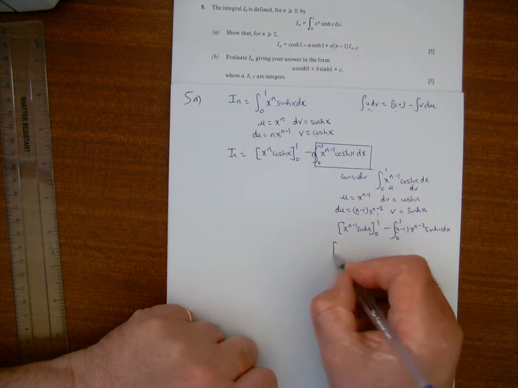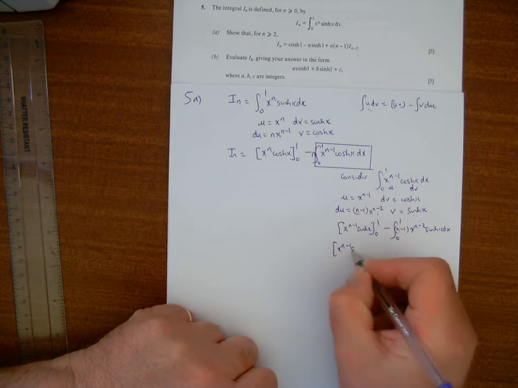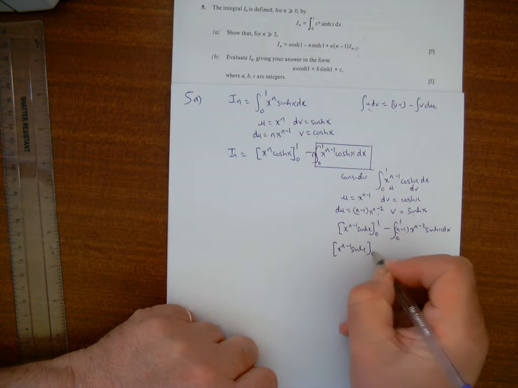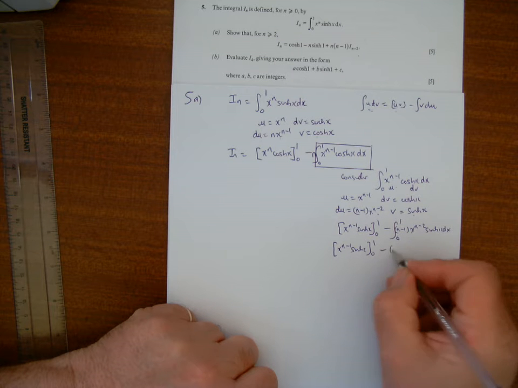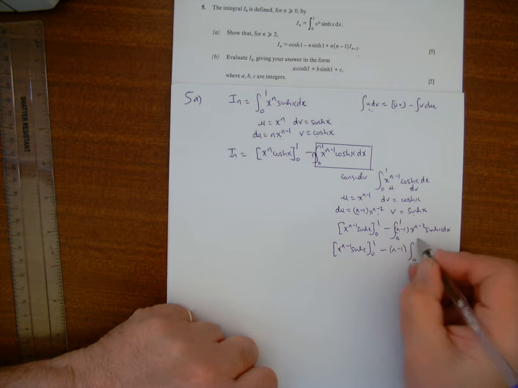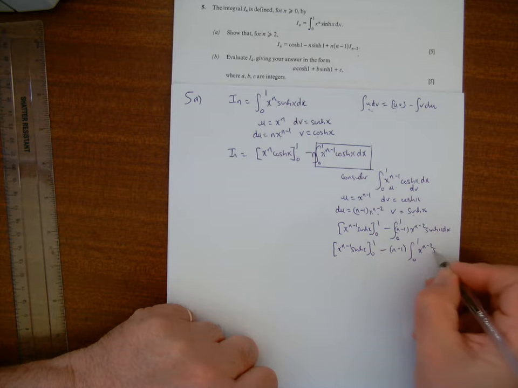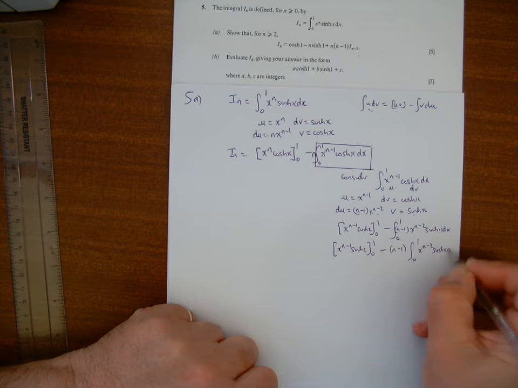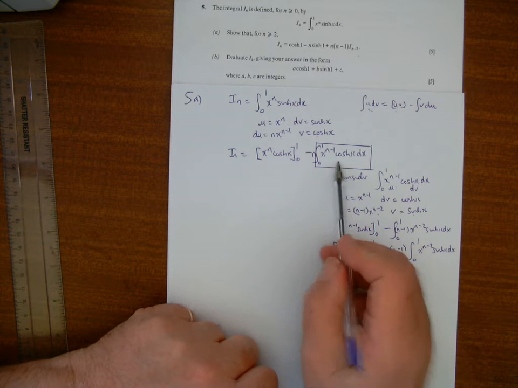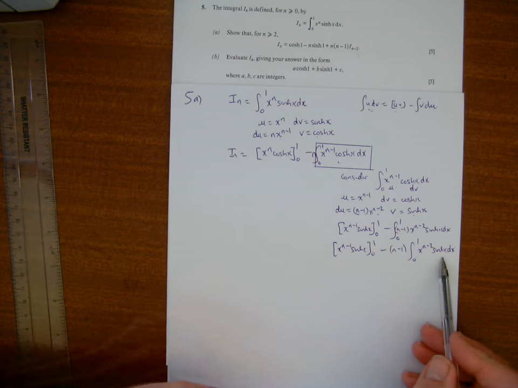Okay, just rewrite the second term here. Take the n minus 1 outside. I get that. So what's in the box there is this expression.